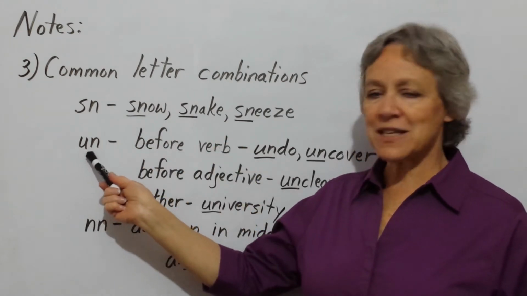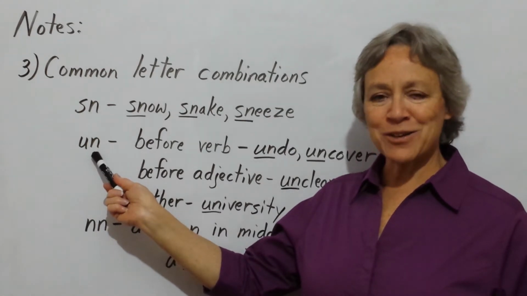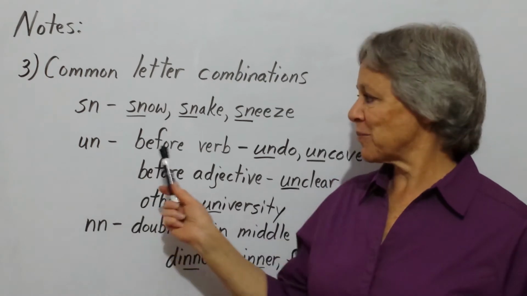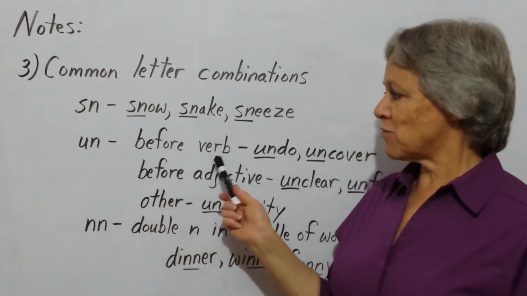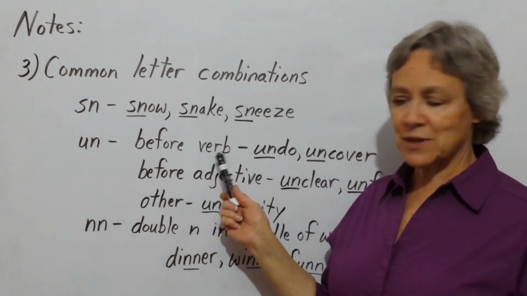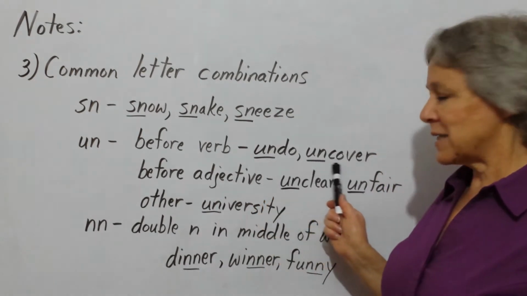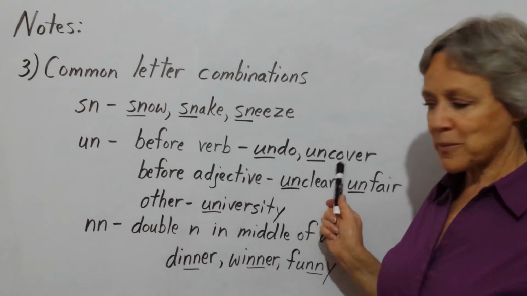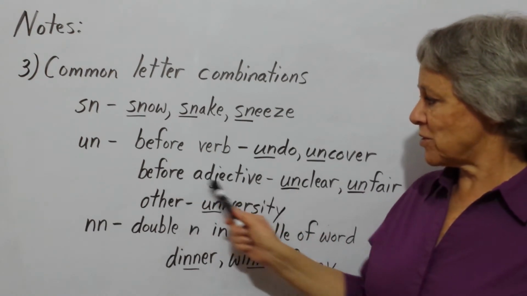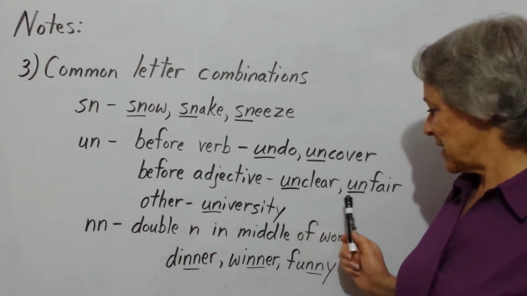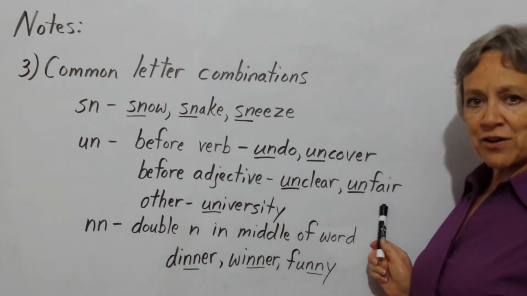We very often see the letters UN in words, and very often at the beginning of many words. We see UN before many verbs, such as the verb undo and uncover, and before many adjectives, such as unclear and unfair.